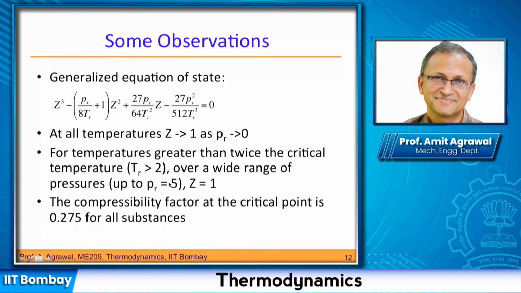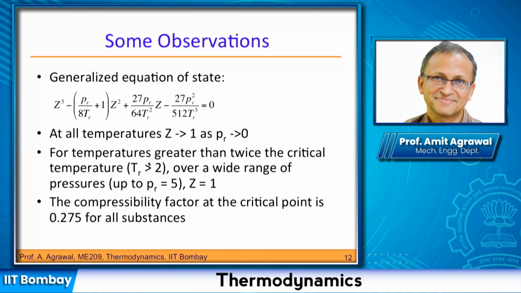So not just what we had been taught, that the ideal gas law applies at low pressure, which is still correct, but now we are finding another range where the ideal gas law applies, which is that TR should be greater than 2, and you will see that all the way to PR of 5. This covers a large range of pressures and temperatures. You can see that the ideal gas law applies. So this is the answer to one of the questions that we had posed earlier.